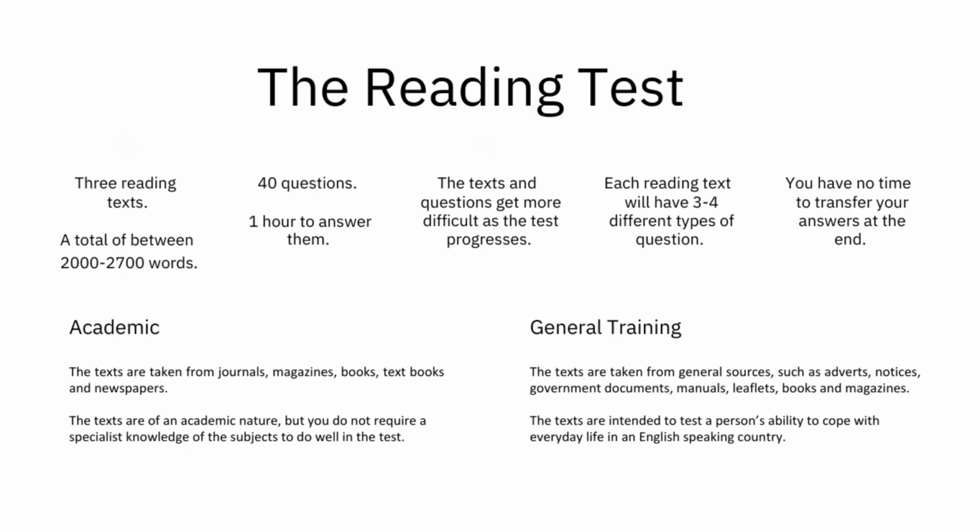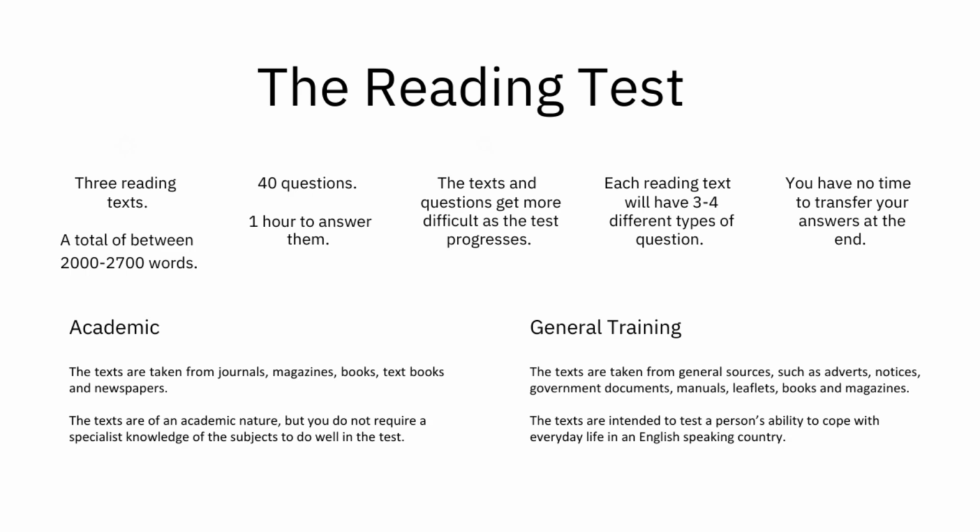We can talk about IELTS reading in general and academic. In general, we will be getting passages to read based on newspapers, advertisements, handbooks, notices. But IELTS academic is based on newspapers, books, journals, magazines. So the difficulty level of academic is much higher compared to IELTS general.